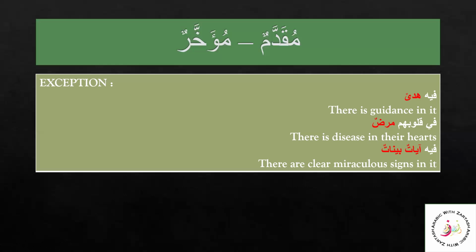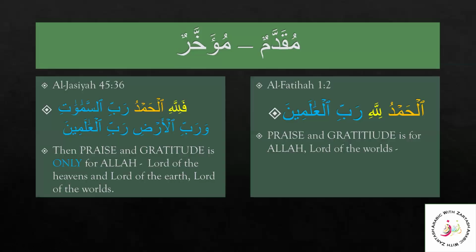But here, because we are learning about the muqaddam and muakhar, we'll see that when the mubtada is nakira, it is not creating any exclusivity. Here in the translation, it is just the normal translation: there is guidance in it. 'Only' is not added here.